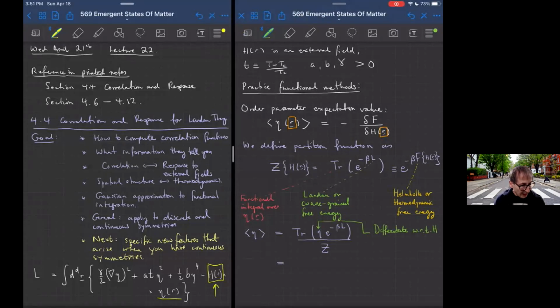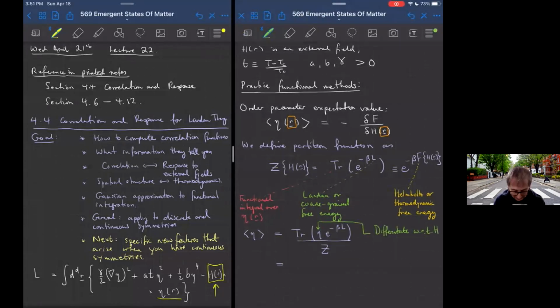So if I differentiate the partition function with respect to h, I can write this as 1 over Z, and then dZ by dh of r. And then, of course, the way I've defined it over here, I've got a factor of beta, and so that's going to bring down a factor of beta, and so I need to divide by a factor of beta. So I get something like this.